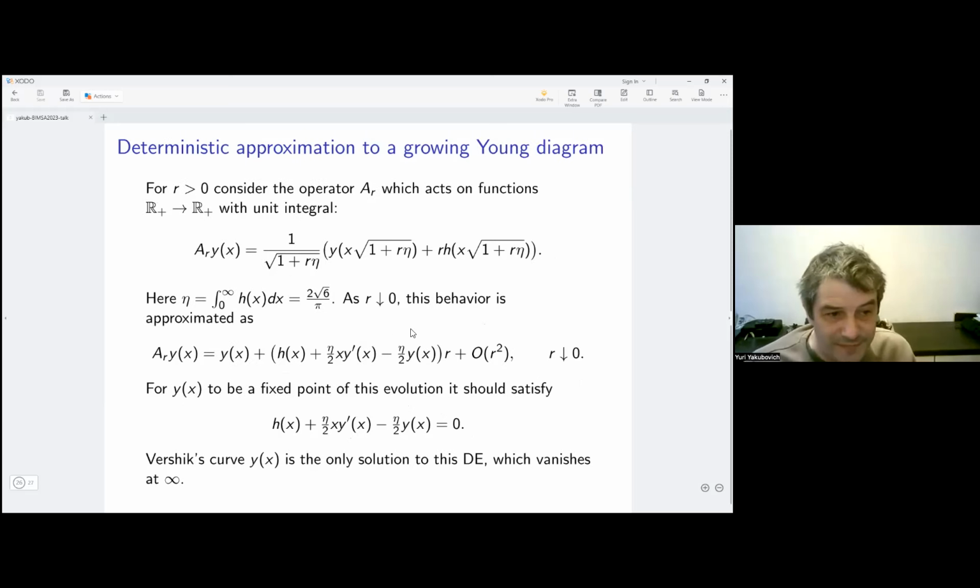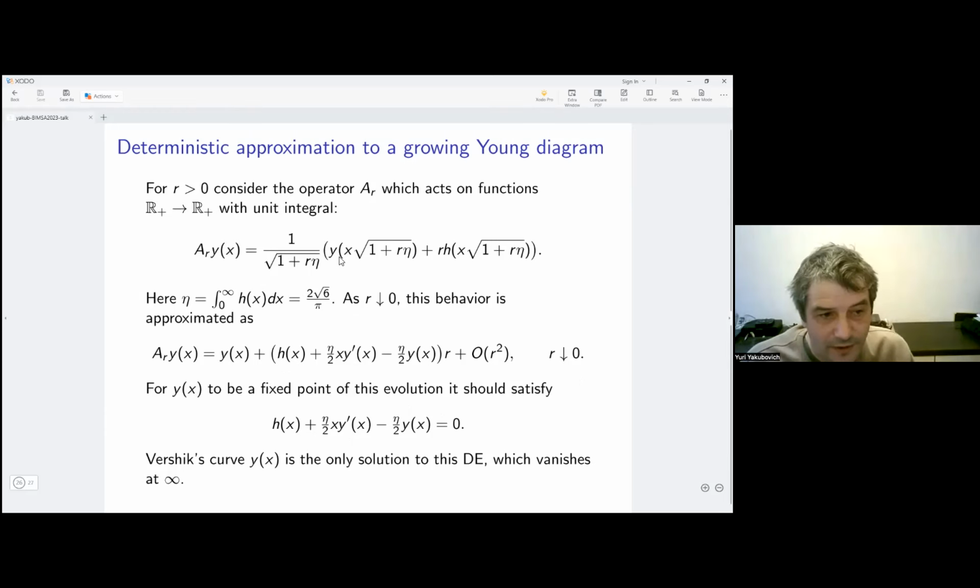And now what we do here is exactly as it should behave. We add this r, which is small, times the deterministic function h, and then rescale arguments in both directions by 1 plus r eta, which is the area.